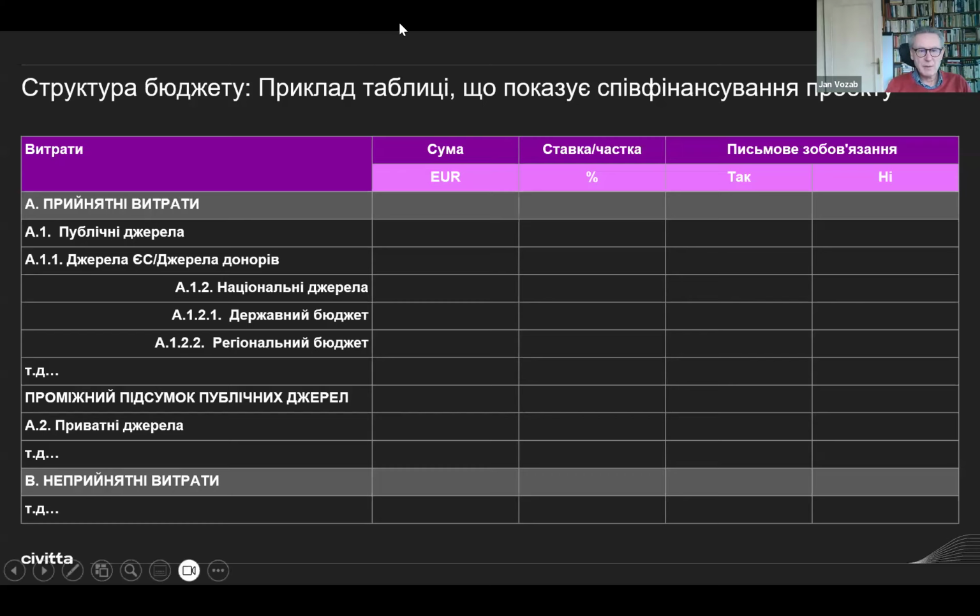And again, this table shows the structure of the budget according to the sources of your funding.